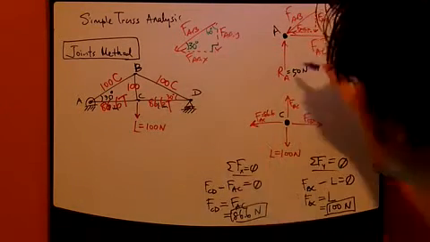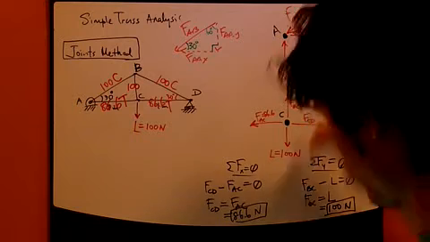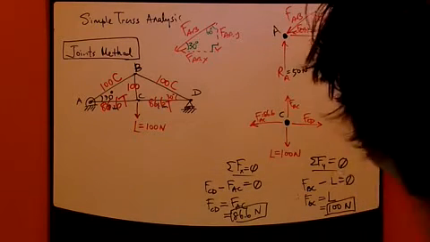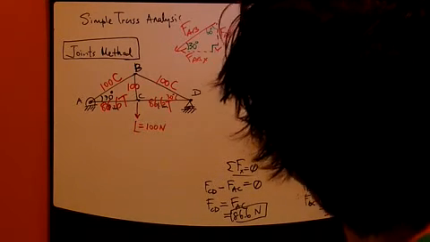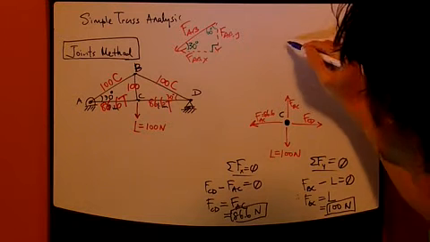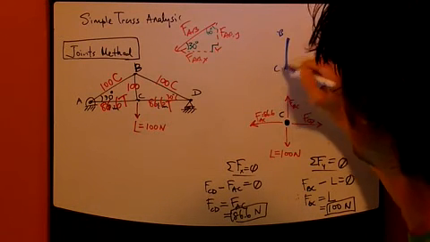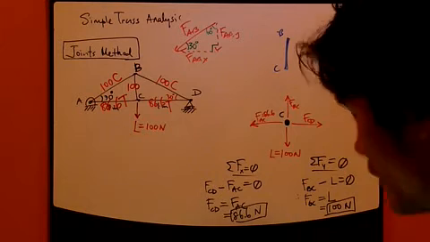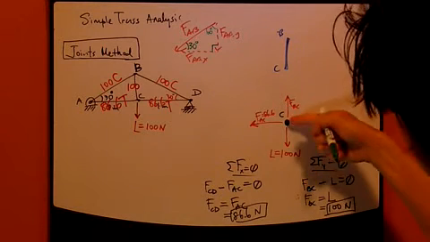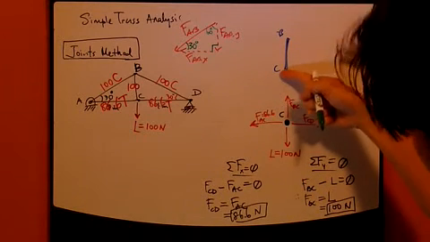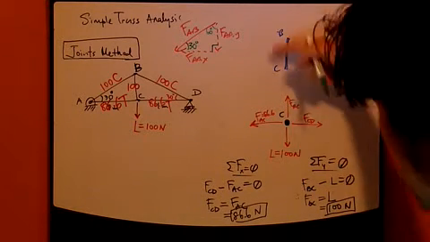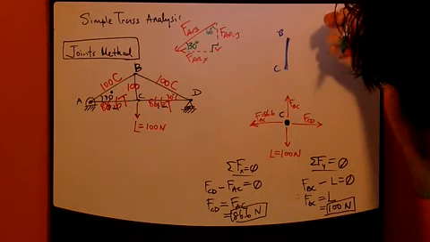Draw member BC. Let me just erase this guy right there. I don't need that anymore. So draw this member BC. This is joint C. This is C, as it belongs to this member right here.